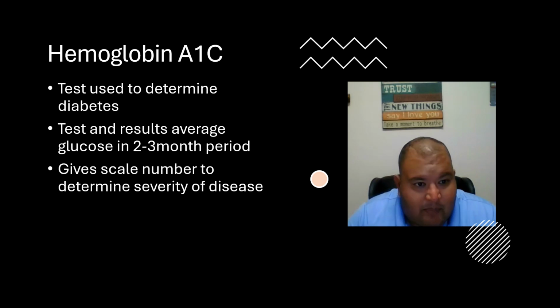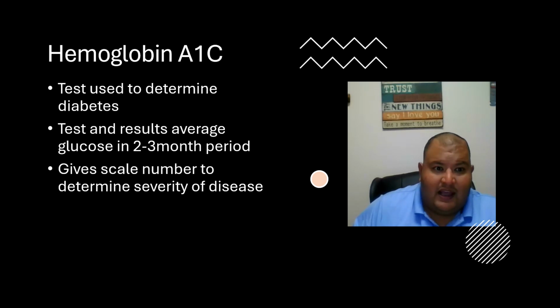Just for example, it is a 2 to 3 month period of average glucose that it detects, and it helps you find out basically the type of diabetic that you are, whether you are a type 1 or a type 2 diabetic, which we will be discussing here in the next slide.